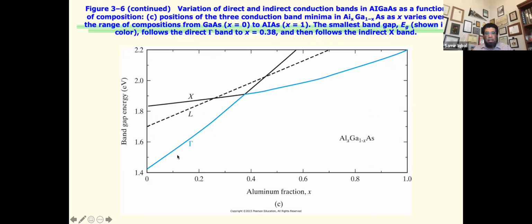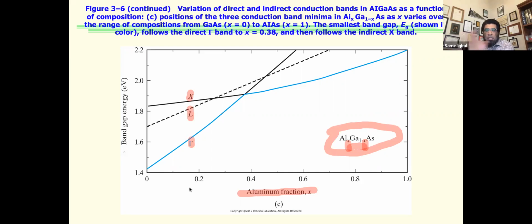All right. So we looked at this idea in previous chapters that we can change the relative fraction of materials. Here, like this subscript x, we are changing x. So what we are doing is going from fully aluminum arsenide to gallium arsenide. When you do that, the levels of these valleys of the conduction band change.